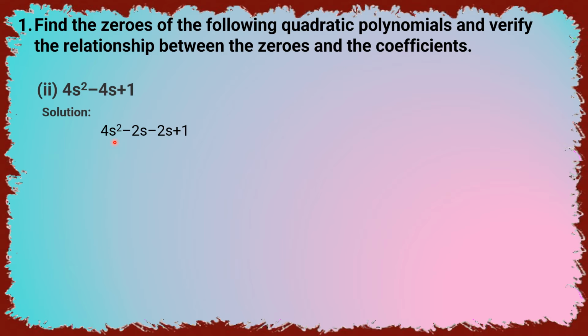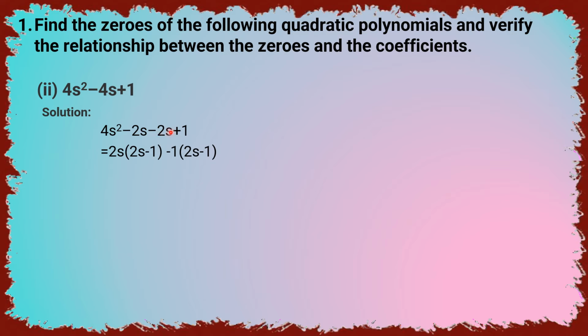Now we take the common factors outside from the first two. 2s is common. So if we take 2s outside, we get 2s minus 1. Here nothing is there. So let's take minus 1 outside. So we get minus 1 into 2s is minus 2s. Minus 1 into minus 1 is plus 1.